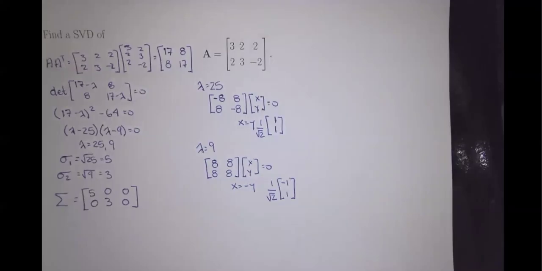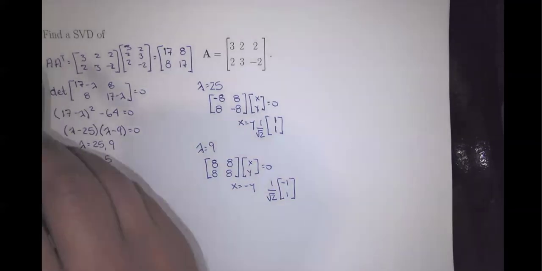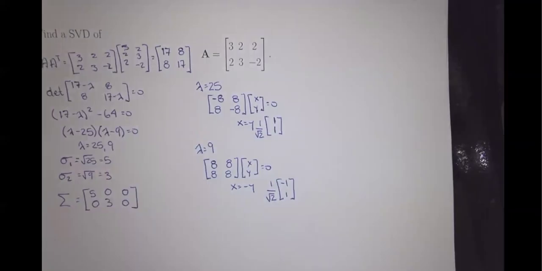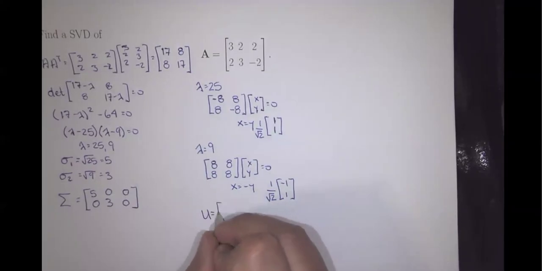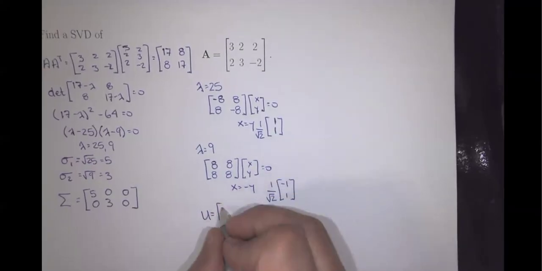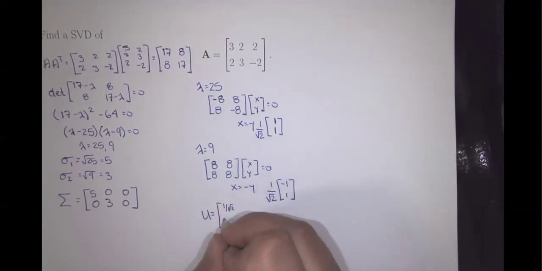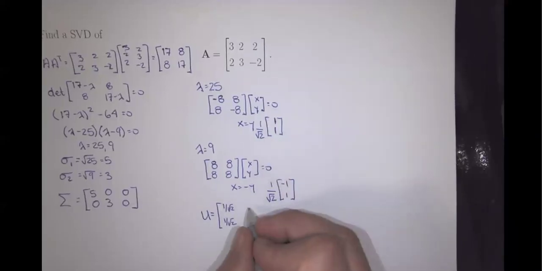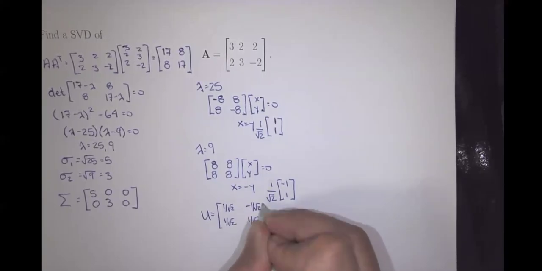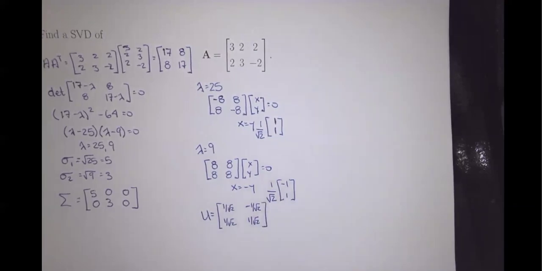Great. Now, we have to be a bit careful because we looked at A A transpose. This is we're making our U matrix. 1 over root 2, 1 over root 2, this eigenvector, and then negative 1 over root 2, 1 over root 2, this eigenvector.